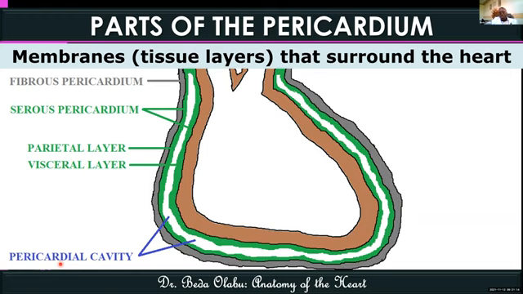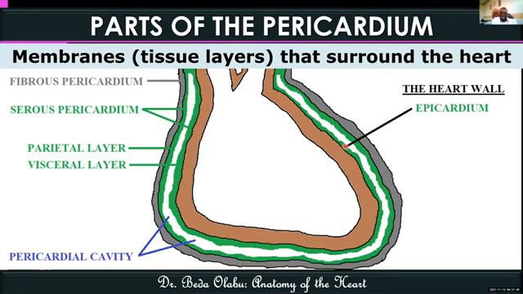Now, so that we don't confuse this with something else, let me take this opportunity to also tell you about the wall of the heart. The heart is described to have three layers in its wall. The outermost layer is called the epicardium, and the one I'm pointing at is the epicardium.